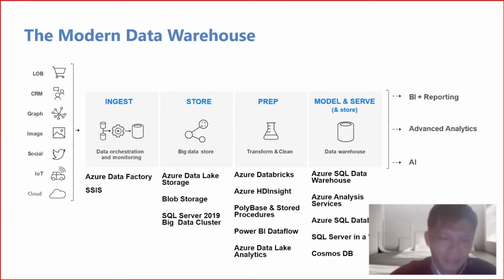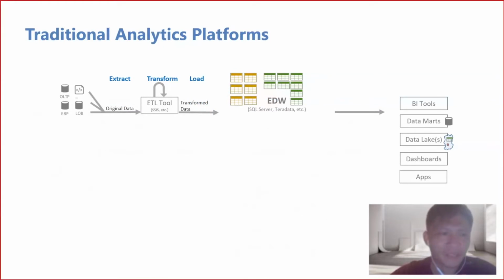Before we go further into all these different components of the data warehouse, let's take a look at how a traditional data warehouse, or analytics platform, looks like. If you have built a data warehouse before using the traditional method, you will be quite familiar with this model where we have our data sources. Most of these data sources are relatively structured data: OLTP data, your ERP, your line of business data.